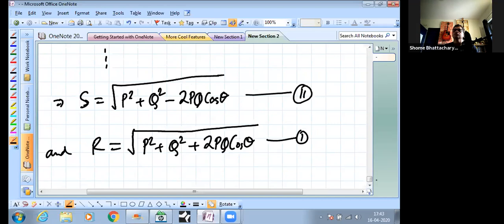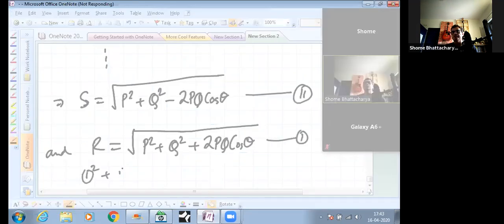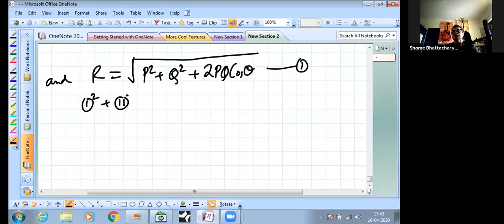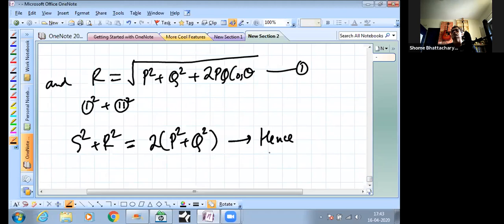So next operation we'll do is equation 1 squared plus equation 2 squared. So left hand side will give you S square plus R square, and right hand side when you square and add, you see the cos theta term will cancel out. So you'll get 2 times of P square plus Q square. Okay, so this becomes our complete solution of this.